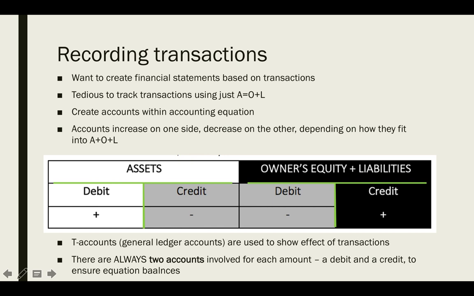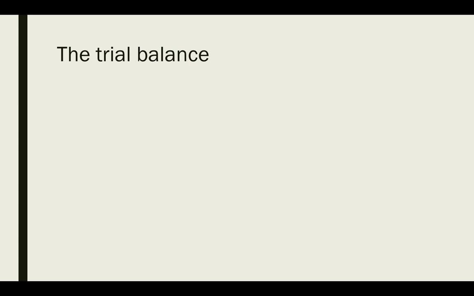So, if you had to add up all of your debits, hopefully you can see that they should equal all of your credits. Or if you went back to your activity, if you counted all the Smarties and all the Jelly Tots, they should have been equal, even where you cancelled them out by eating them. So this is what we call a trial balance. It's just done to check if we've made any mistakes along the way.